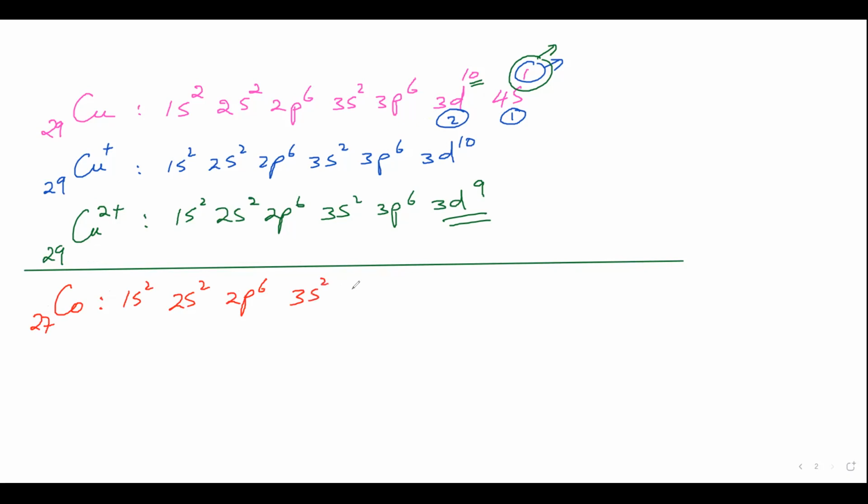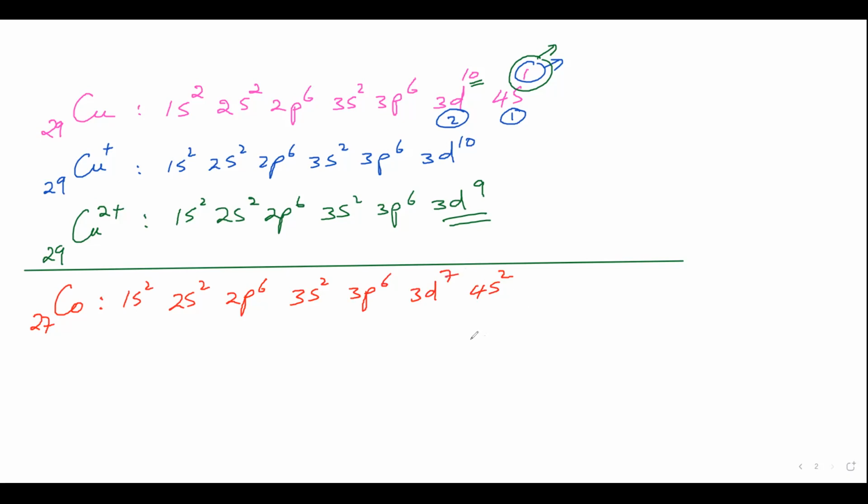Yes. 3p6. Yes. Which orbital is filled first? We fill the 4s first. Yes. Excellent. 4s2. Yes. And then we have a total of 10, 12, 18, 20, and then 37.